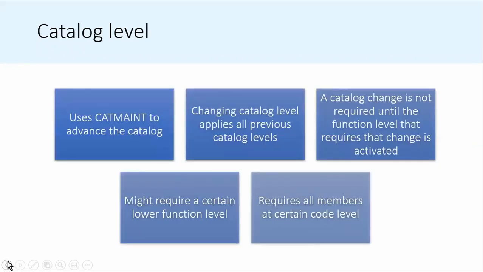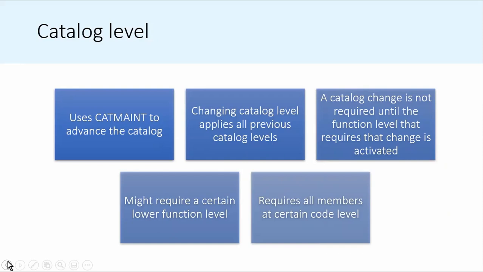To advance the catalog level, you're going to use the catmaint utility. Catmaint will then go through and make whatever changes are required to the various objects in the catalog to achieve the target.